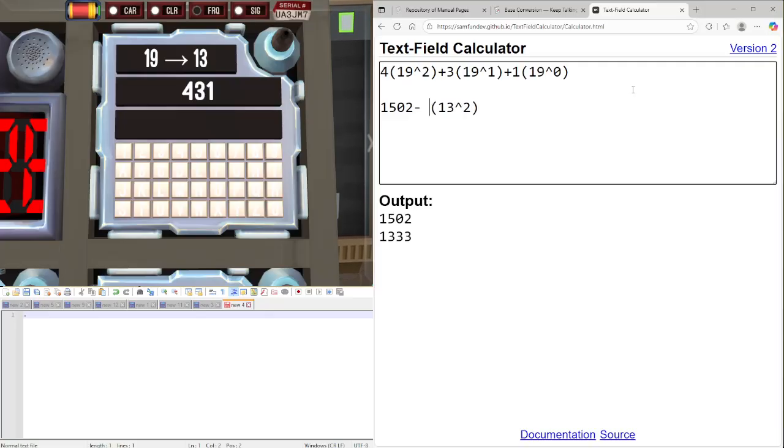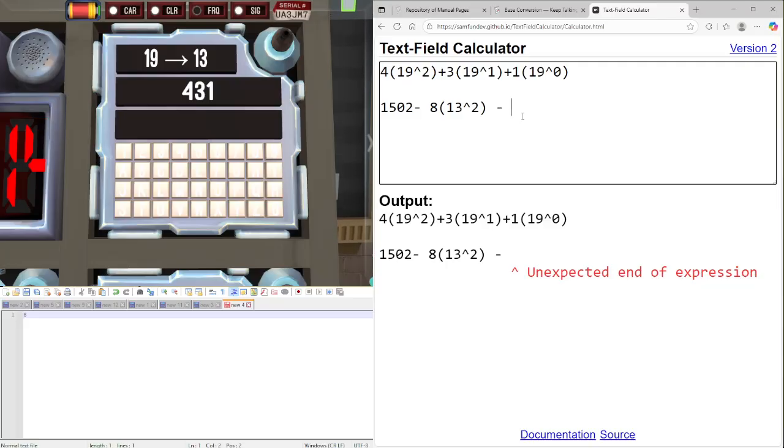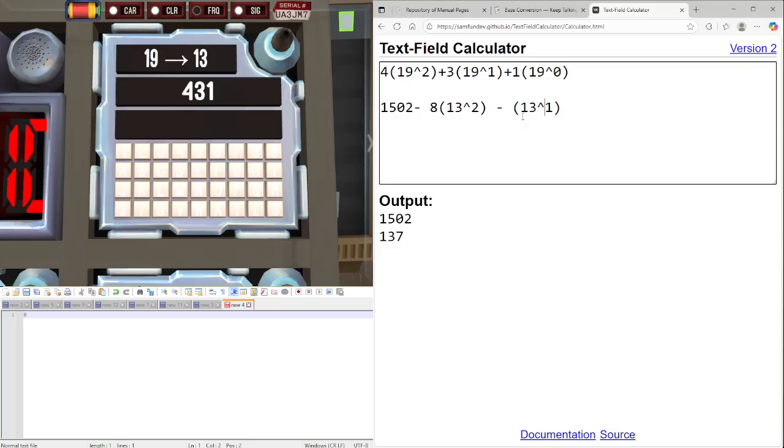So we now see how many factors we can get into there. That's 8. So our first digit is 8. Subtract off the next power of 13, which is just 13 to the first. We can get 11 in there.